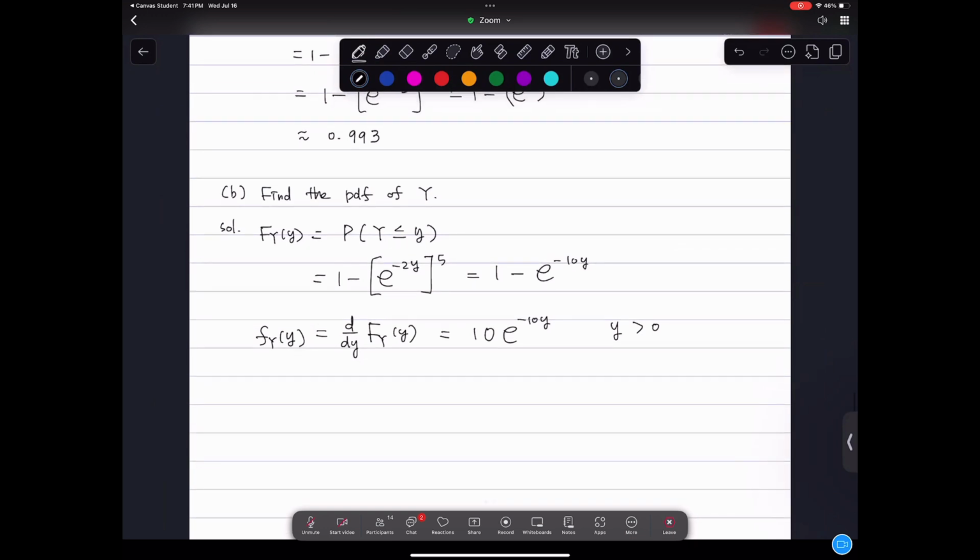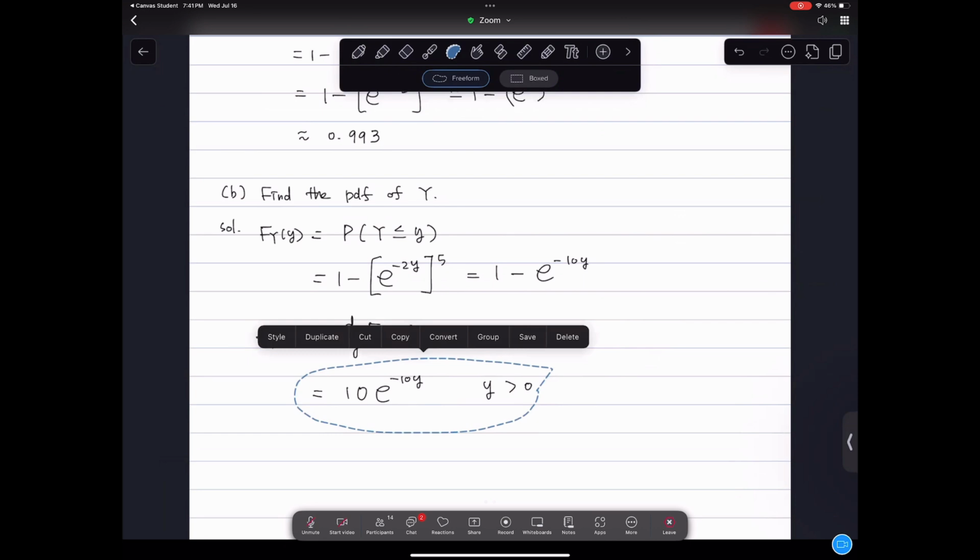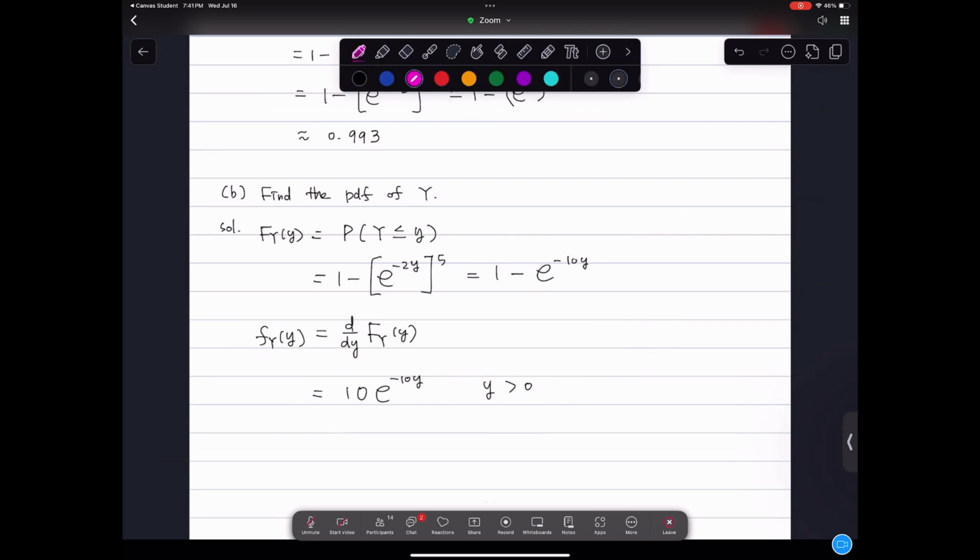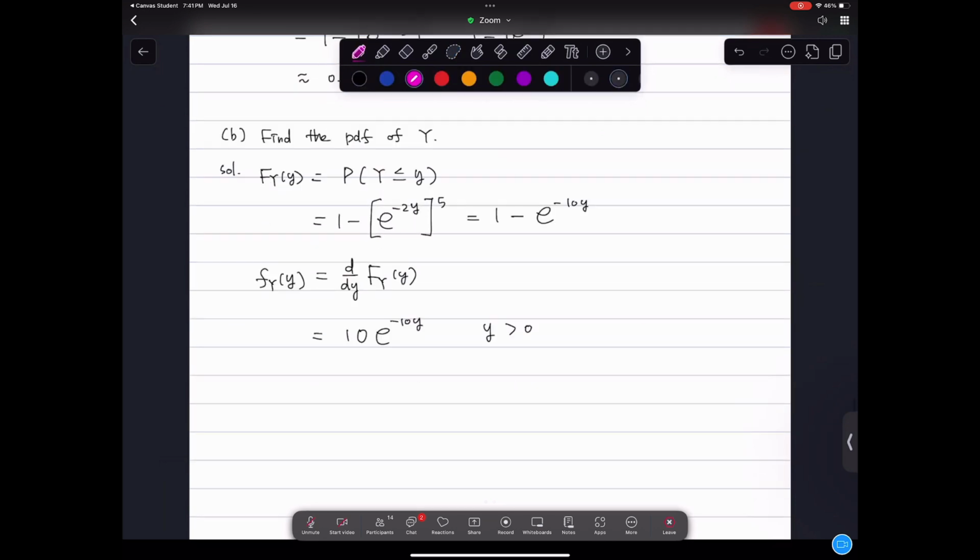And I hope you might notice this also, that this is that exponential. So this is your lambda, and e to the power of negative lambda times the variable. So this is in fact the exponential.